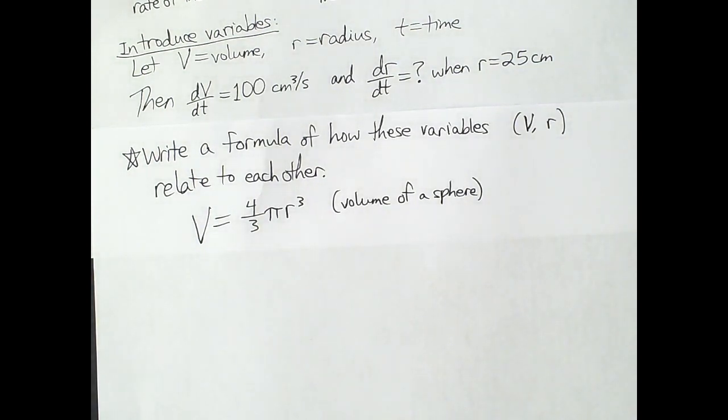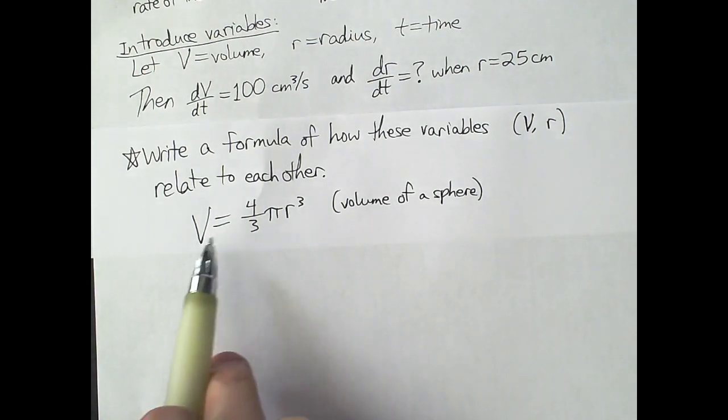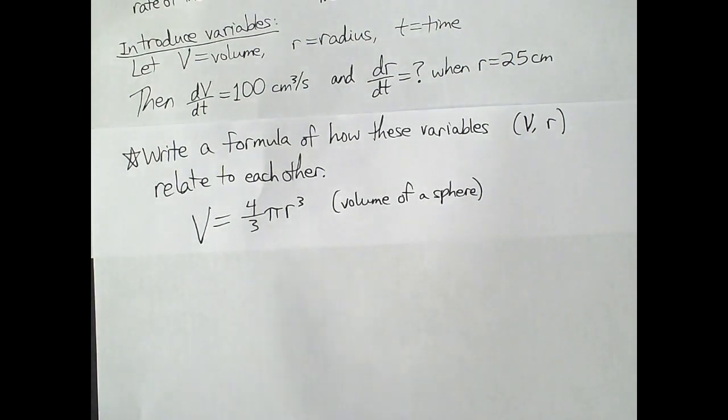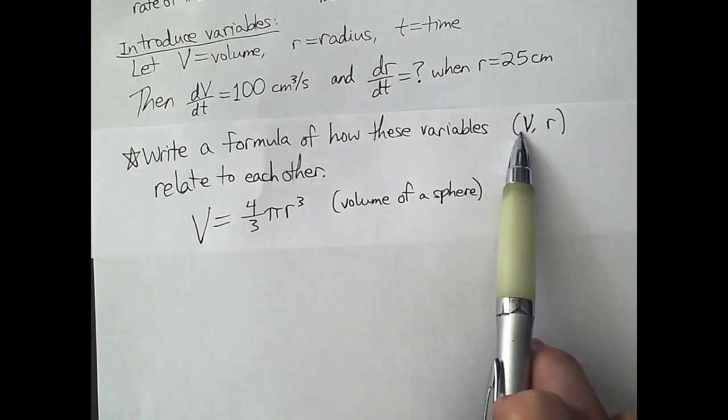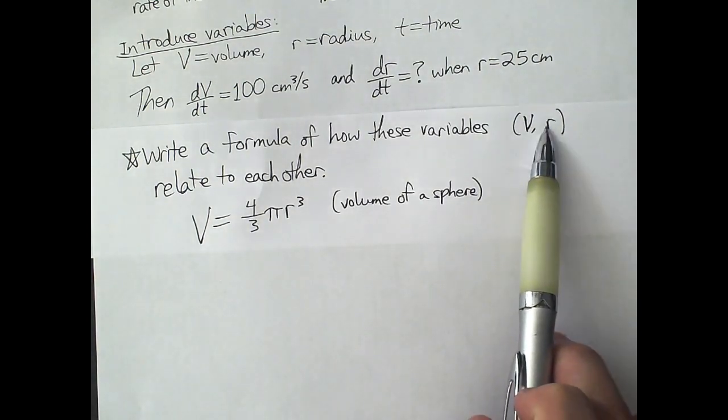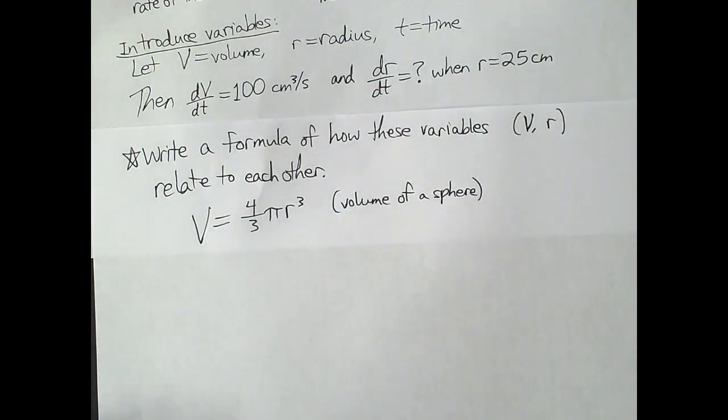Some of these things are going to come up in examples, and some of them I will want you to know the formulas. But volume of a sphere doesn't come up all that often. So if you didn't know this formula off the top of your head, don't feel bad. You probably did know that there is a formula for the volume of a sphere and that it would involve the radius. Well, okay, here it is.